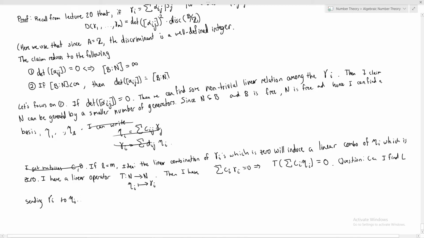And I think the answer is yes. So I need to use basically this matrix of c_ij's here.